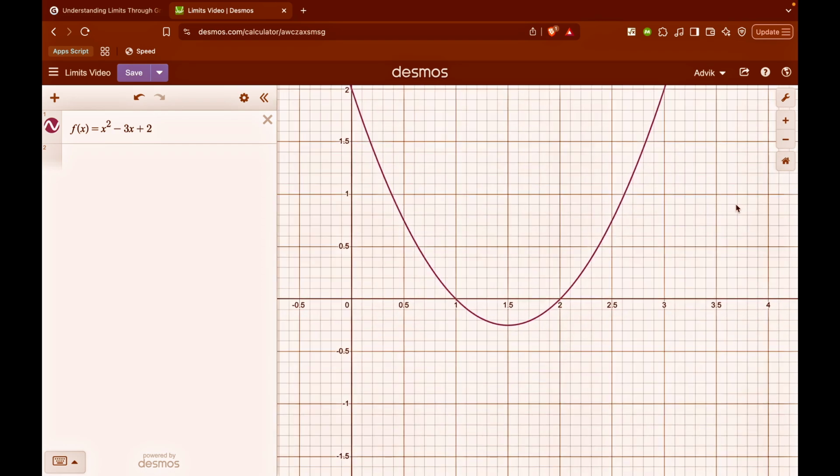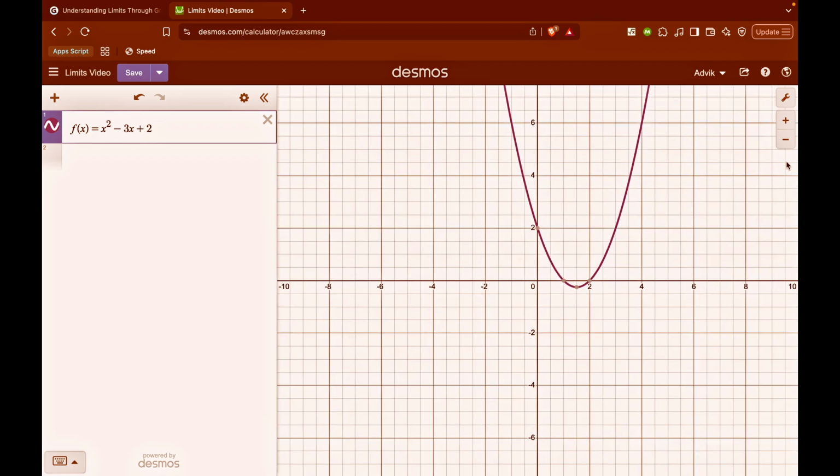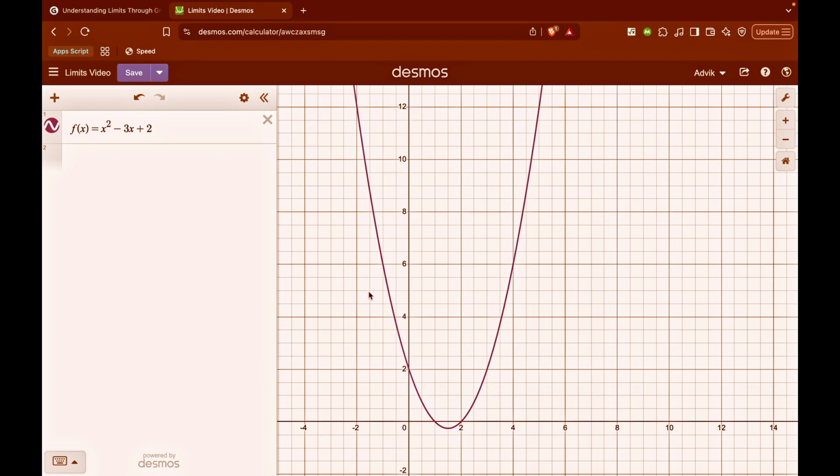From the right-hand side, if we approach from 2, it gets pretty low at negative 0.25, but it increases until we're very, very close to 1, and in the end, it actually becomes 0. Now, if you didn't notice, (1, 0) was actually one of the roots of this quadratic function.